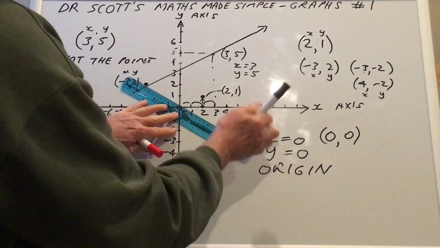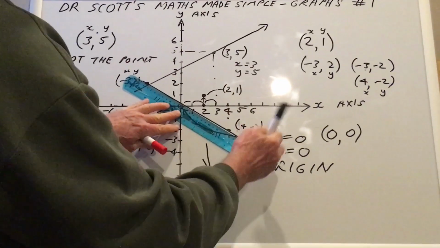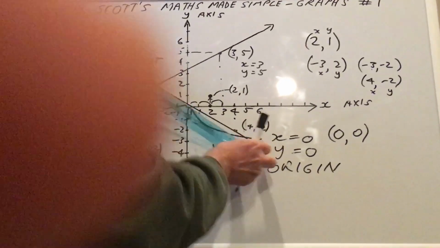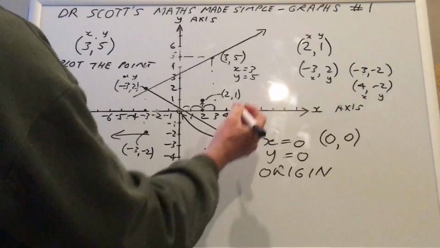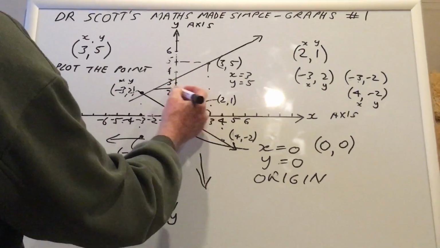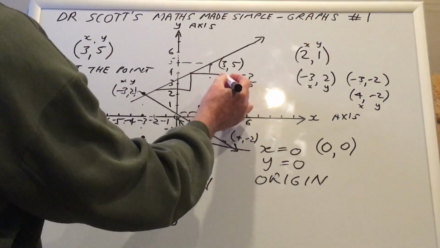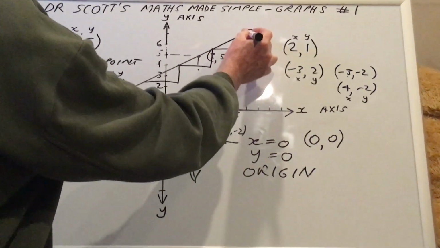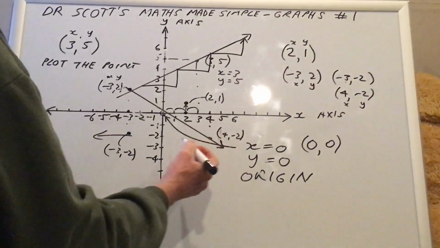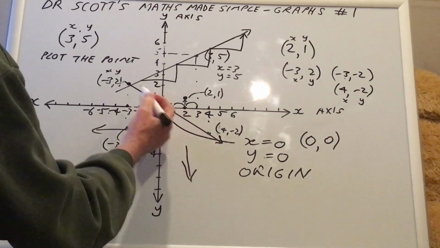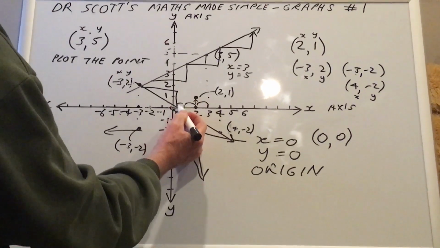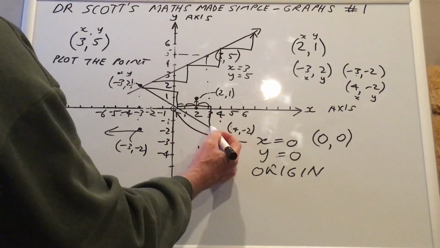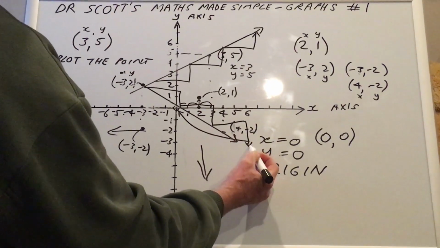If the line is going down to the right, it's a negative slope. A positive slope goes along and up, along and up, along and up to the right. A negative slope of a line goes along and down, along and down, along and down.